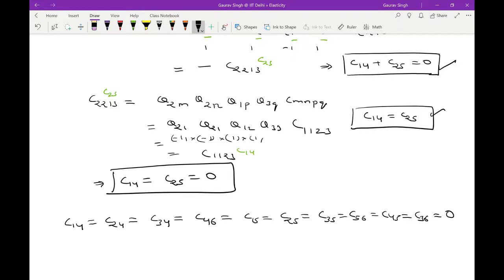So this is what you would get if you follow this method. I have just done it for one; you can proceed and do it for other values as well. Let's see, how many are 0? 1, 2, 3, 4, 5, 6, 7, 8, 9, 10.